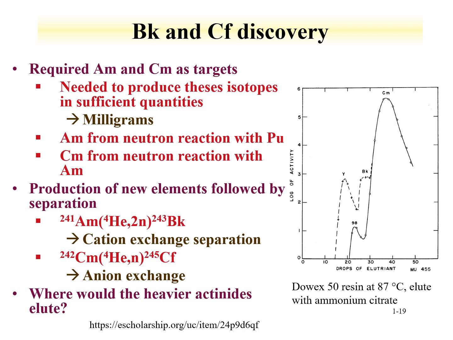Having them come off the column quicker is beneficial for their discovery. You can see where you would have these separations. The number of drops coming off a column would be sufficient to collect and identify the different elements. That's where you would expect the heavier elements to be.